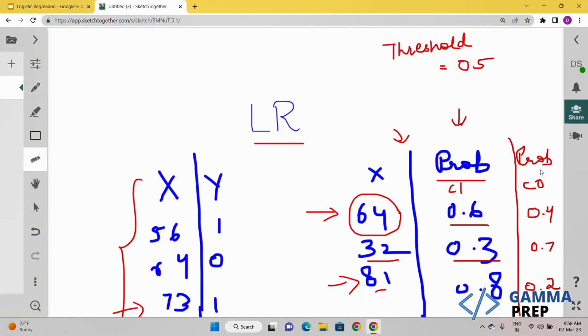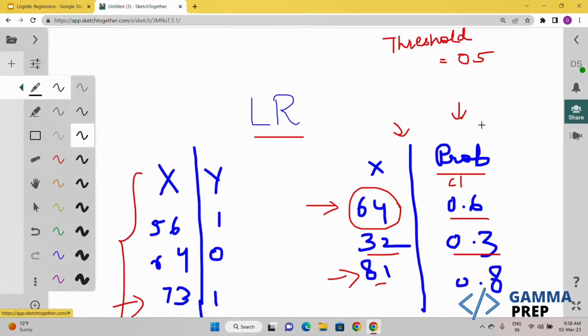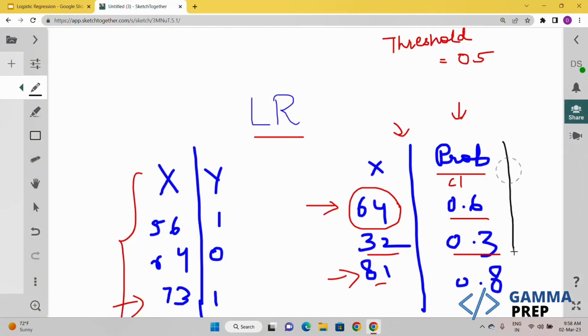We can put the threshold on probability of class 0 also. That's also absolutely fine. So if we set the threshold to be 0.5, any value which is greater than or equal to 0.5 will be predicted as 1, and any value less than 0.5 will be predicted as 0. Similarly here.